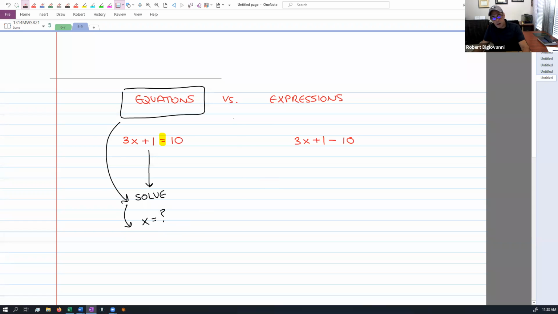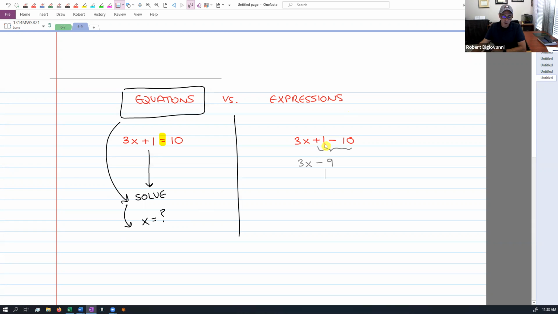When you have an expression, it does not have an equal sign in it. And so you can't solve it for anything. You're not trying to solve for x. All you're ever trying to do is rewrite the expression and make it look nicer or cleaner. And so for this expression, one thing I could do is put the 1 and the negative 10 together because those are both numbers. And I could make this 3x and then make that minus 9.